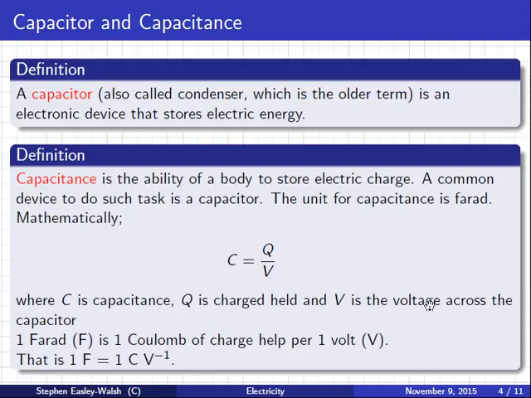That is, 1 farad is 1 coulomb per volt. Got that?